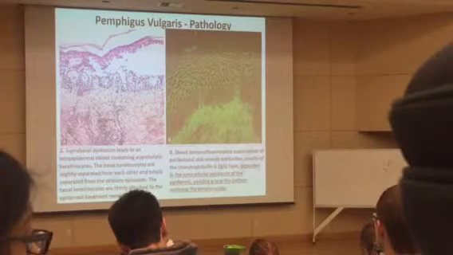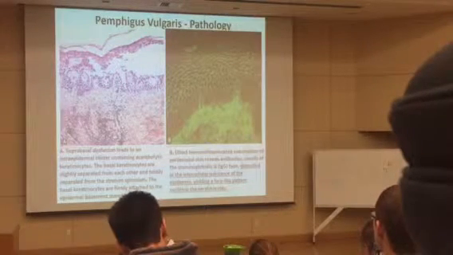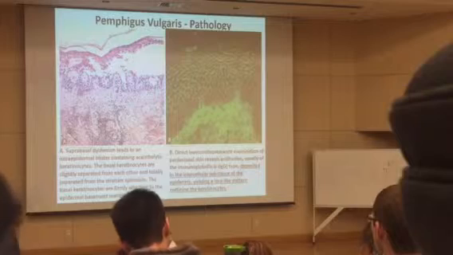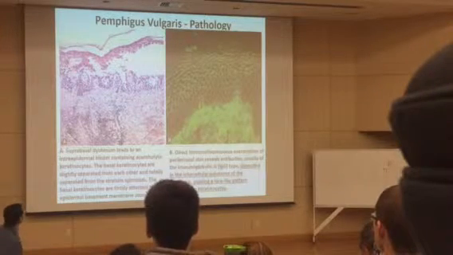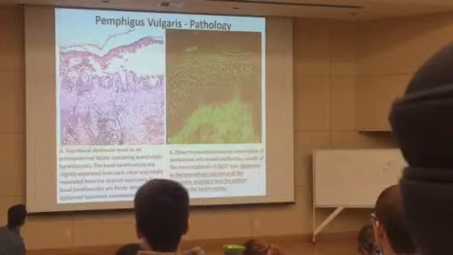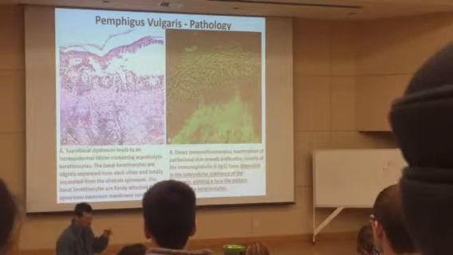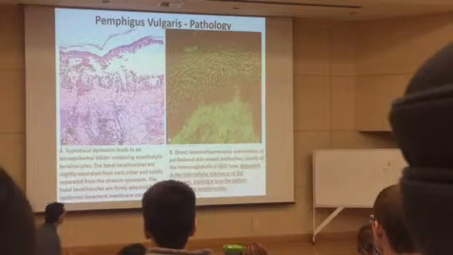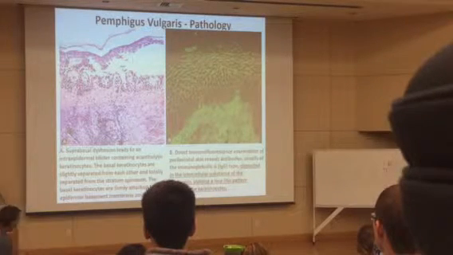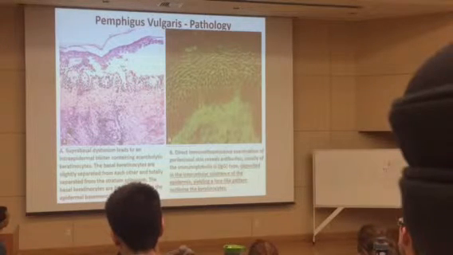And the reason they rupture very easily is because cleavage occurs very high in the epidermis. If you remember from the class I gave on the pathogenesis of this, there's a protein on the surface of the epithelial cell called desmoglein, and this protein is more concentrated in the upper layers of the skin.